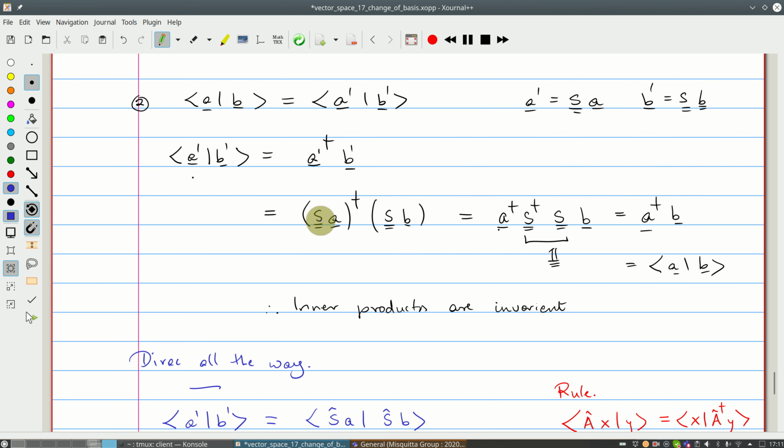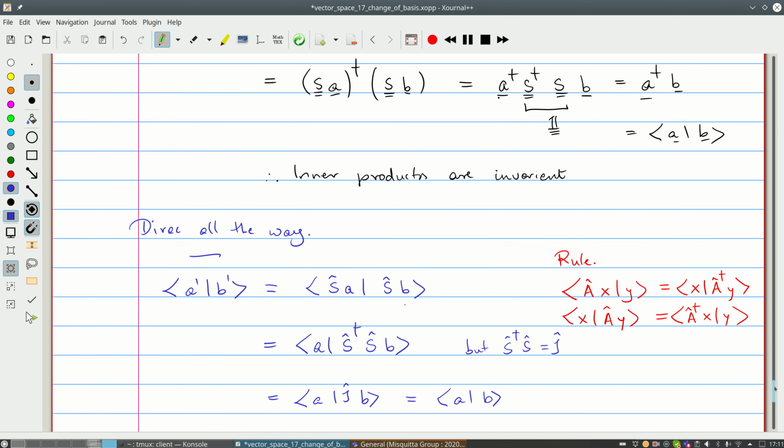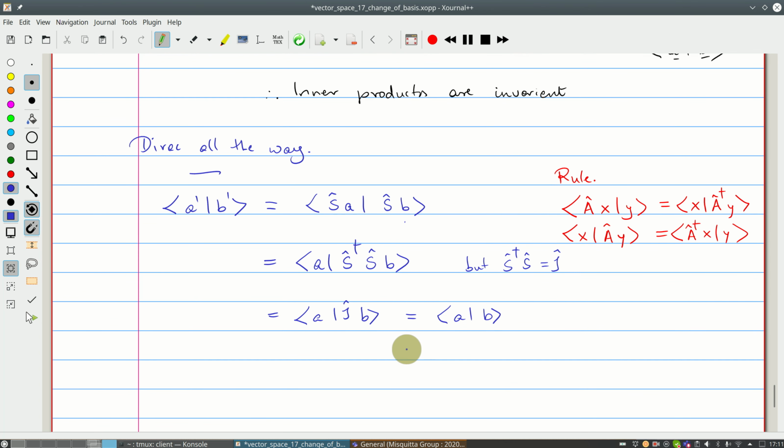Then you introduce the matrix vector expression, take the adjoint, swap their order and take the adjoint of each term, and it works. In fact, it's much better to do this than to go to the index notation, which is what Riley, Hobson and Bence do.